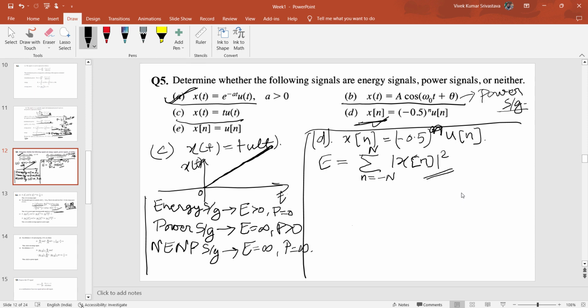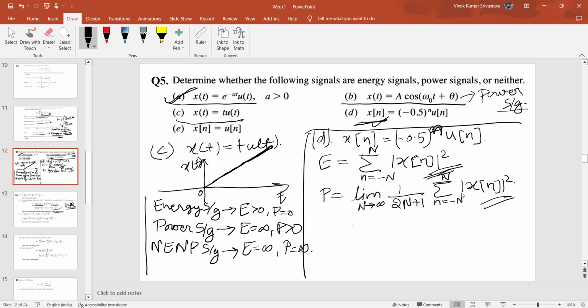We will use this formula for calculating the energy, whereas for finding the power contained by this signal we will use this formula: limit N tends to infinity, 1 over 2N plus 1, summation n from minus N to N of mod of x of n squared. So we will use these formulas for calculating the energy and power contained in any discrete time sequence.